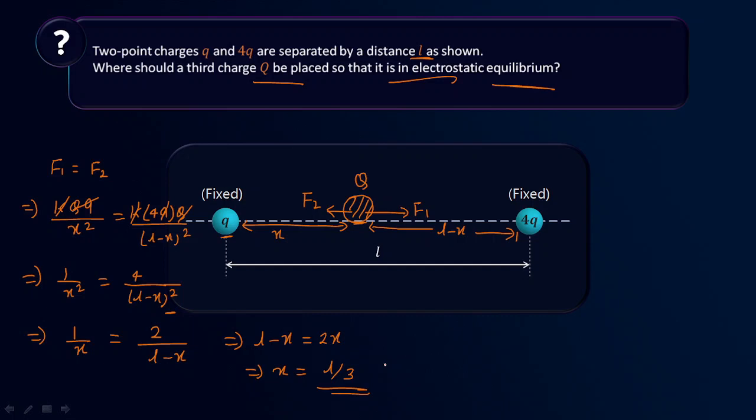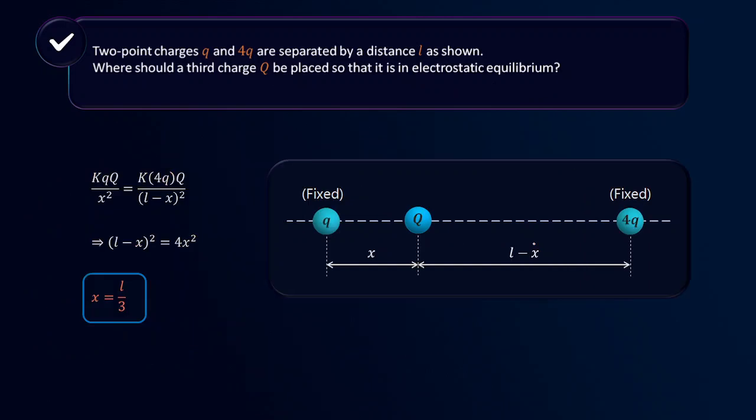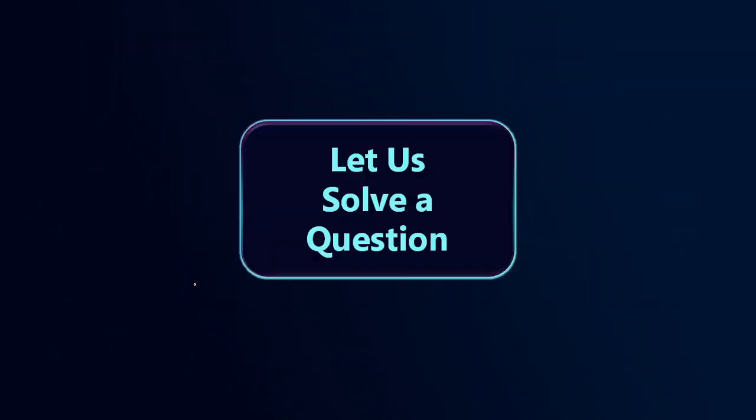So we have to place this charged particle at a distance L by 3 from Q charge, or can I say it will be 2L by 3 from 4Q charge, to place it at equilibrium position. Simple. Just equate the forces and simplify, and x will be equal to L by 3, that we have solved.